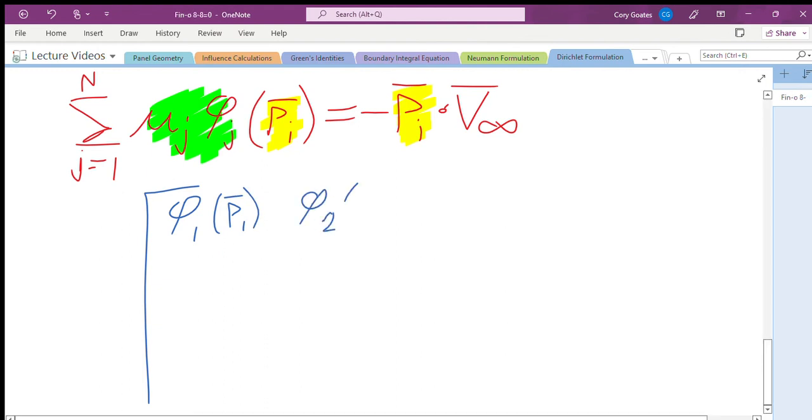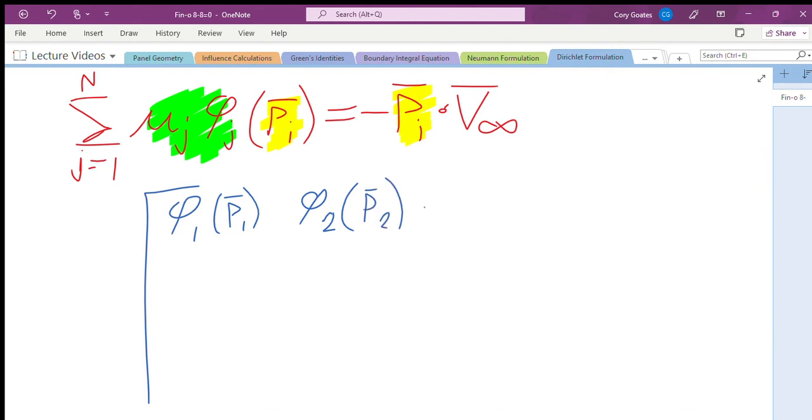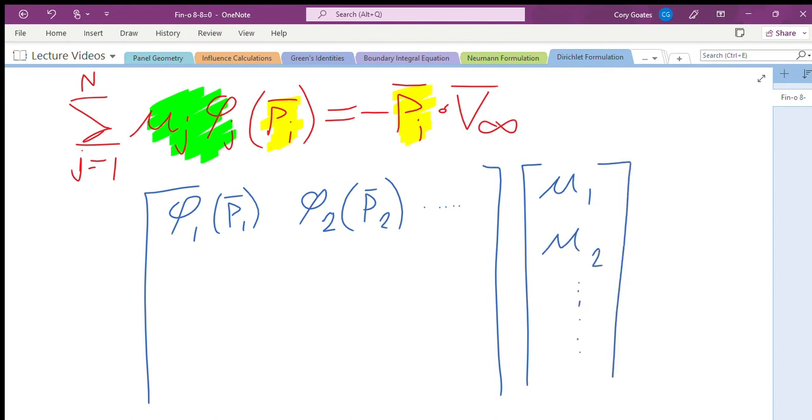This is going to be mu 1, mu 2, and so on, equals negative p1 dotted with V infinity, negative p2 dotted with V infinity, and so on.